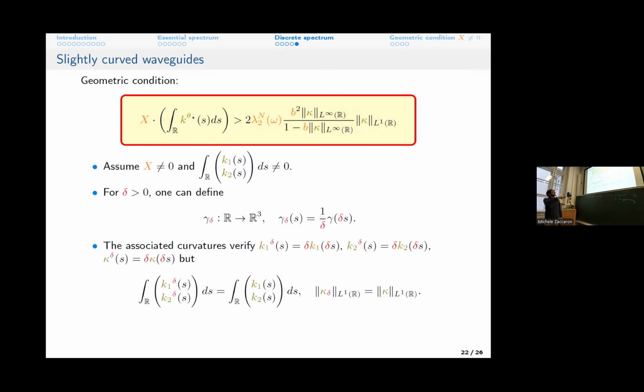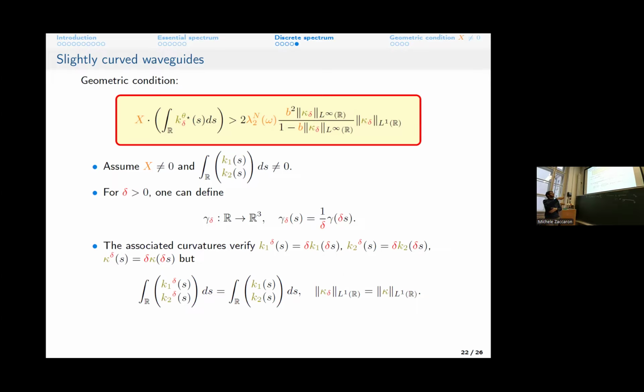In fact, the curvatures will scale by the parameter delta, a small positive parameter. They will scale with delta in front, both K1, K2, and the actual curvature kappa. When you integrate, this combines perfectly with the change of variables. For example, if you take the L1 norm, these quantities will not vary.